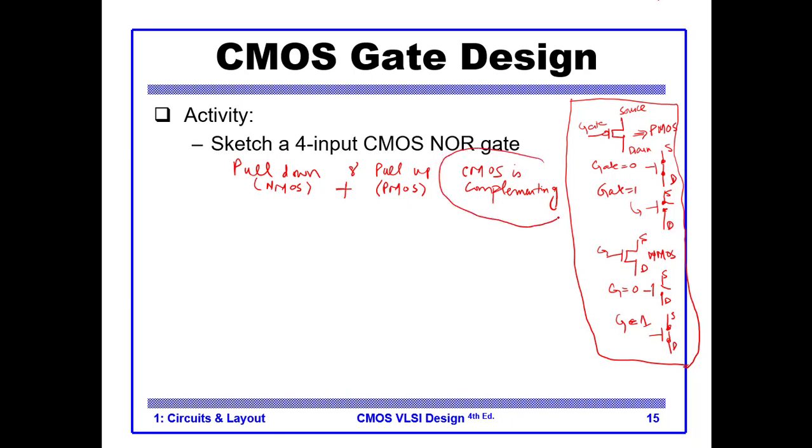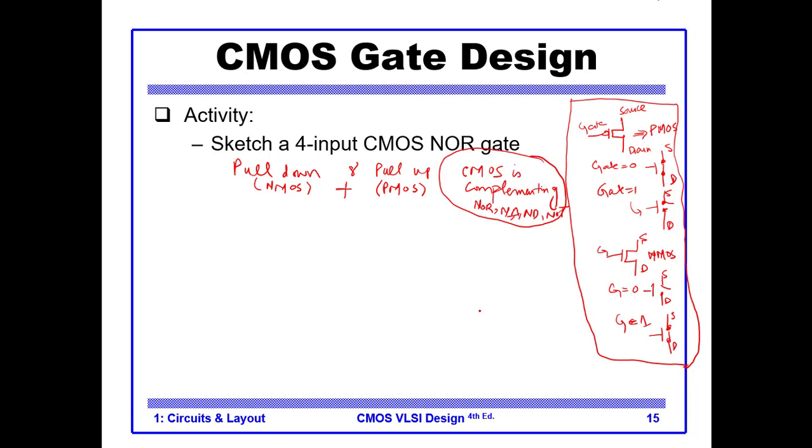This means that naturally you can build NOR gates, NAND gates, and NOT gate more easily than other gates. And let's start with the design of 4 input NOR gate.